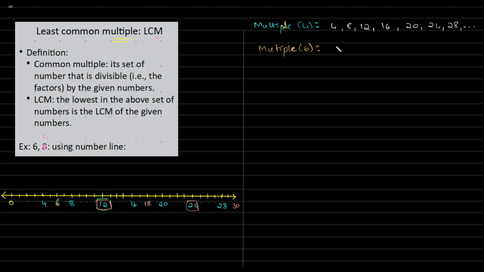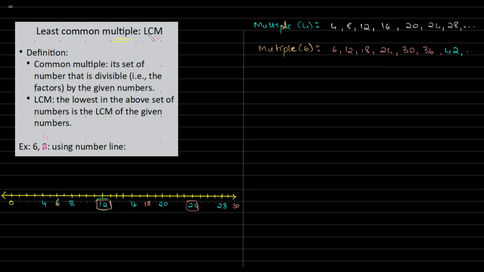So it continues: 6, 12, 18, 24, 30, 36, then 42, so on and so forth. So this was your multiple.